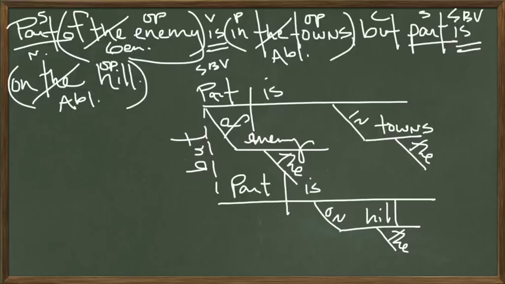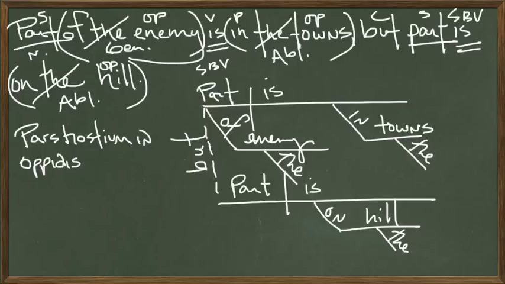So in Latin, to say part of the enemy, you say pars ostium. Pars ostium in the towns, in opidis. Pars ostium in opidis est.